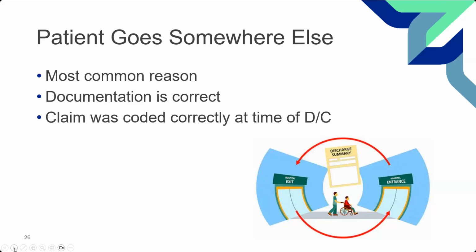The documentation in these cases may or may not have been correct. So if the patient left and everything appeared as it was supposed to, then the documentation at the time of discharge was in essence correct. However, if the patient is still in the hospital and the documentation shows that they, let's say, are going home, but instead, right before they leave, the family decides that they want to go to a skilled nursing facility instead.